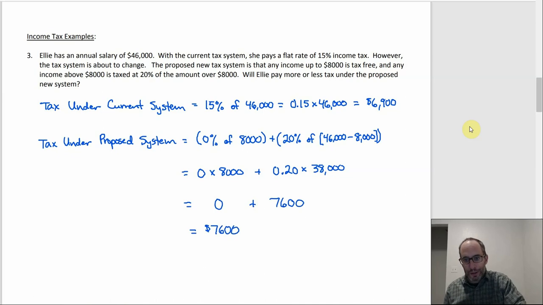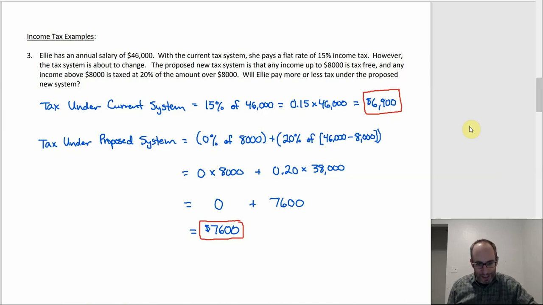Okay, so then what we're looking at is we've got the current system, 6,900, proposed new system, 7,600. The 7,600 is certainly bigger. So effectively, that is going to be the final answer. She's going to pay more, right?